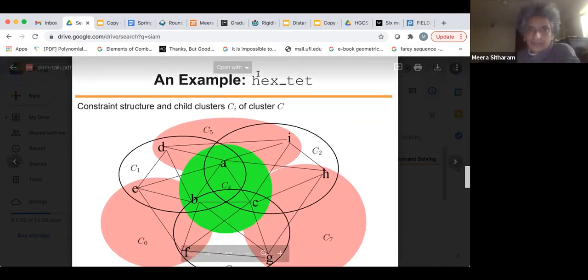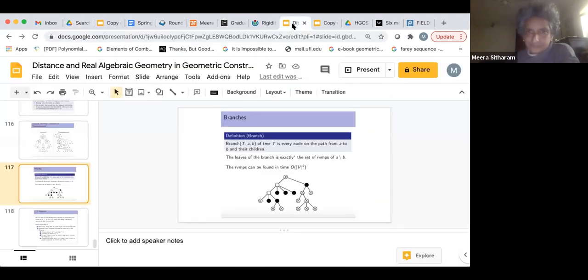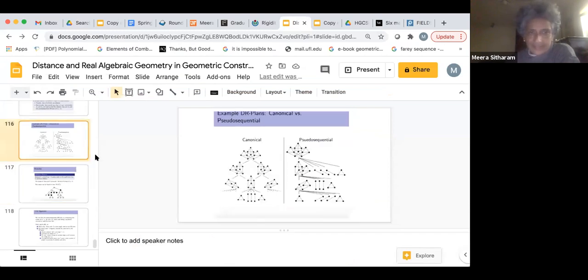So if you go back to the DR plan, what this is saying is that, now we're back to 2D again, if we have already solved something, in other words, I've already put these guys together into this structure, then the constraints inside the structure, we have already found the solutions to this.